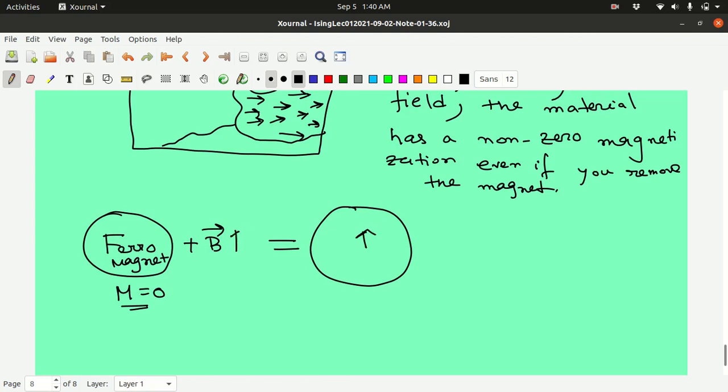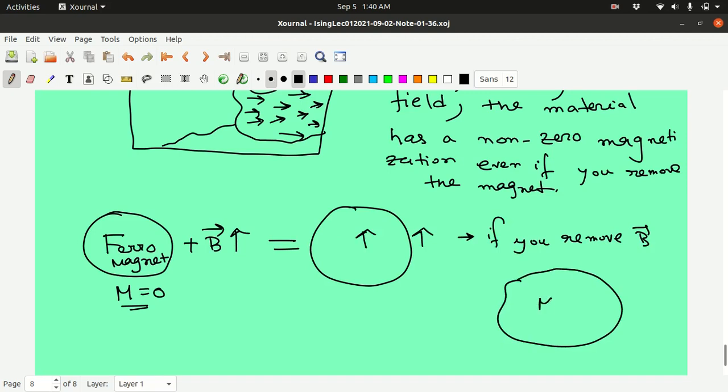Then if you remove B, the material has some M which is non-zero. It will never go to 0 once you remove the magnetic field.